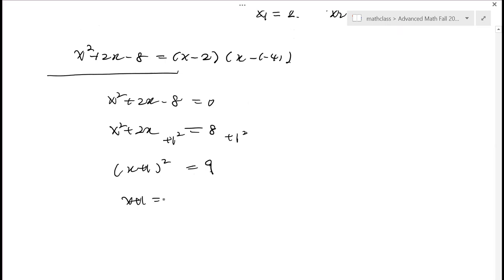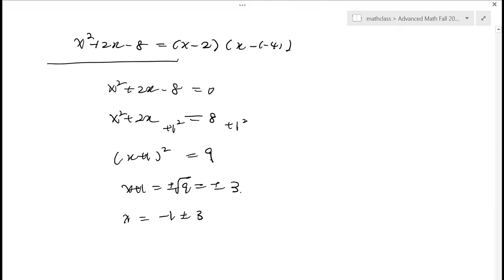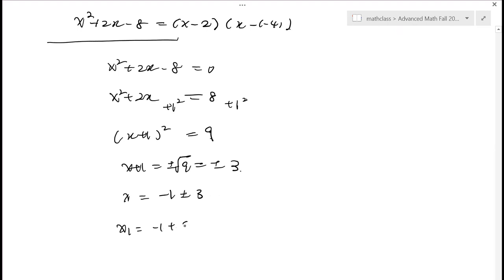So x plus 1 equals plus or minus the square root of 9, so plus or minus 3. Then x is going to be -1 plus or minus 3. So you get two roots. The first one, when you choose a positive sign, and the second, when you choose a negative sign, is -4.